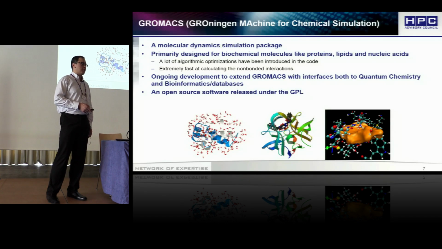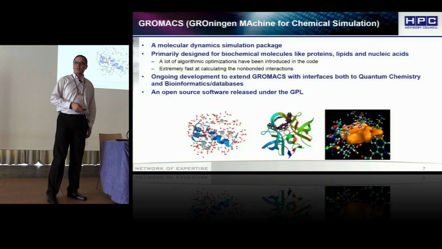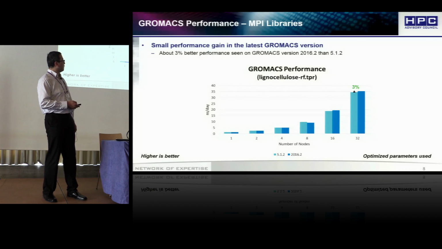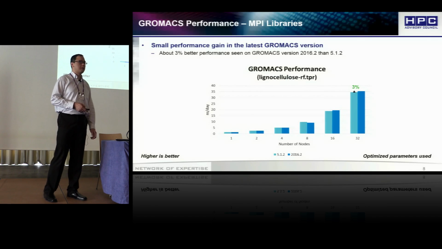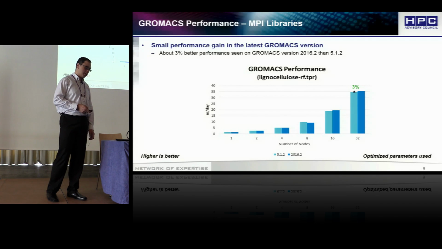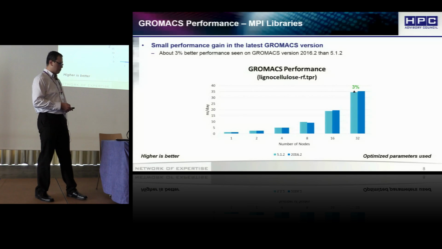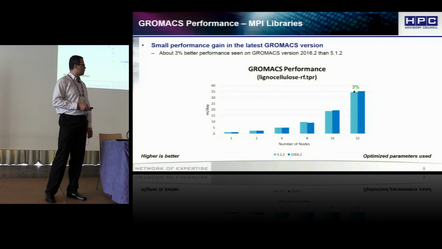GROMACS is one of the applications that we're looking at right now for comparison. For GROMACS, we use the input data shown there, which is based on the Prace benchmark and can be found on their website. We run the application across different node sizes in order to compare scalability performance.